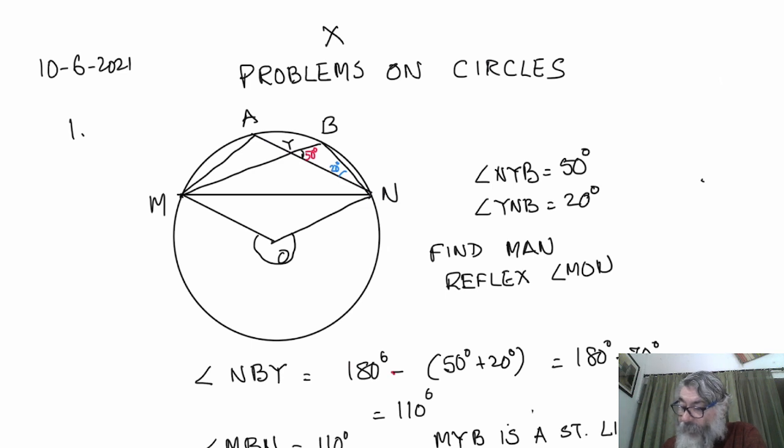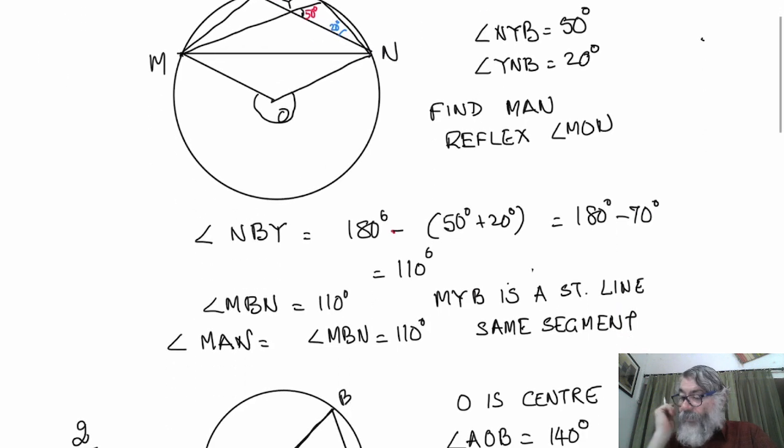Then I would say that angle MAN would be equal to angle MBN, which will be equal to 110 degrees. Same segment: angles in the same segment of a circle are equal.